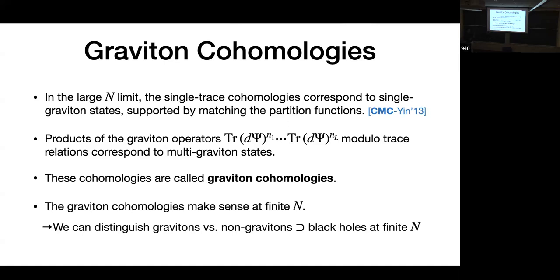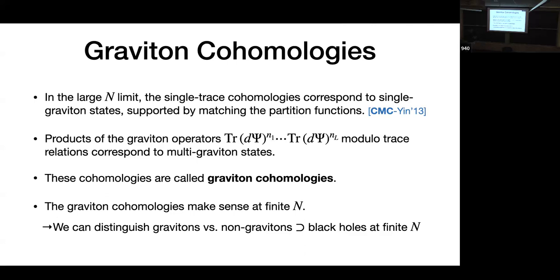That's why we call these cohomologies graviton cohomologies, and this cohomology contains both single graviton states and multi-graviton states. The important thing here is that we can define graviton cohomology at finite N. Our way to define it is basically to list the potential representatives for this cohomology.